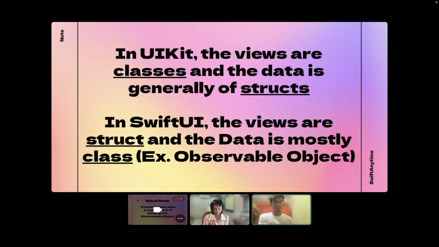Because how UIKit renders the views in a view hierarchy is it keeps the reference of its child views in the parent view. One example could be you have this view controller where you have the main view, then whenever you need to add some views onto it, you will need to call vc.view.addSubview. While we do this addSubview thing, UIKit keeps a reference of that view to draw on the view hierarchy.